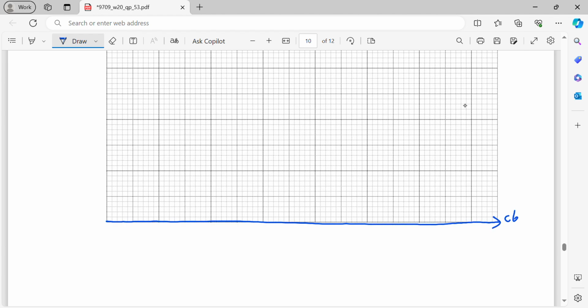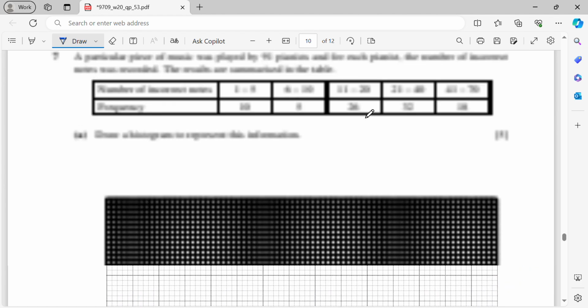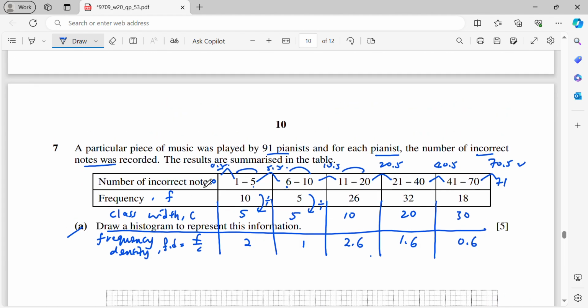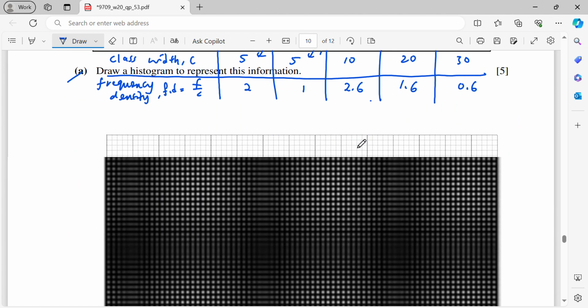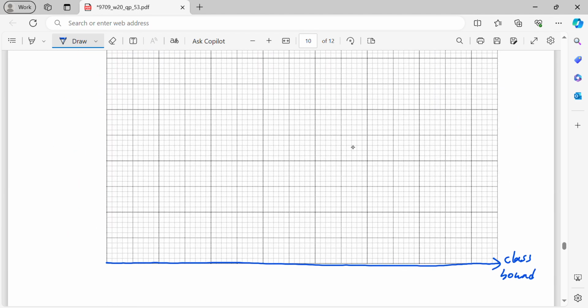This is my class boundaries, or probably you just label this as number of incorrect notes. Okay, then vertical axis will be the frequency density. So please use a ruler to draw this.